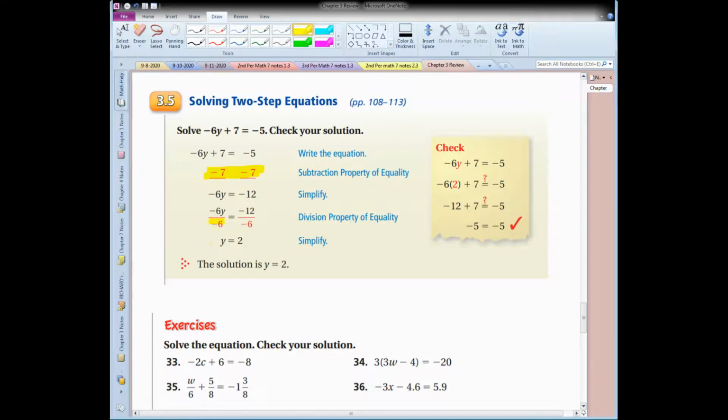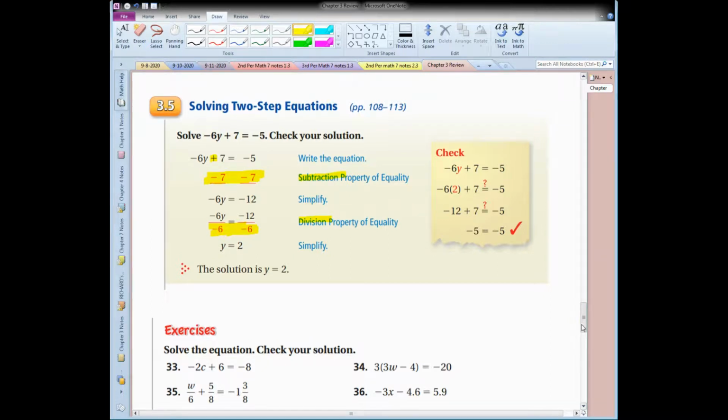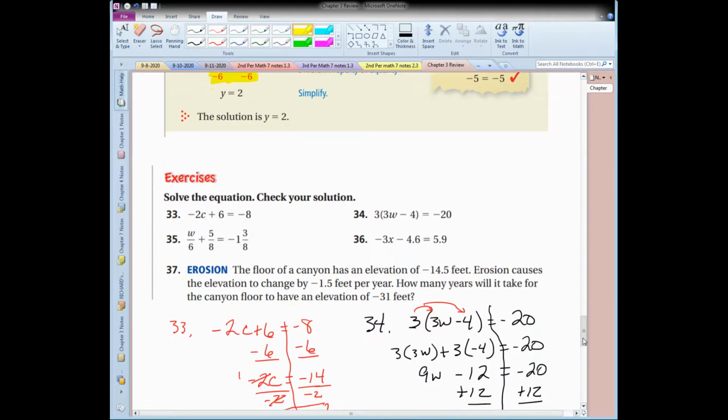And then for my second choice, I'll use the multiplication or division properties of equality. You can see in this problem, I use subtraction, use that property of equality first. Why? Because I was adding 7. Here, I'm multiplying by -6. So I have to divide both sides by -6. And I get my answer, and you can see how they check their answers.